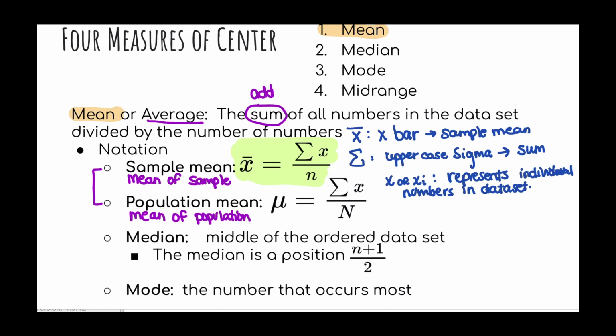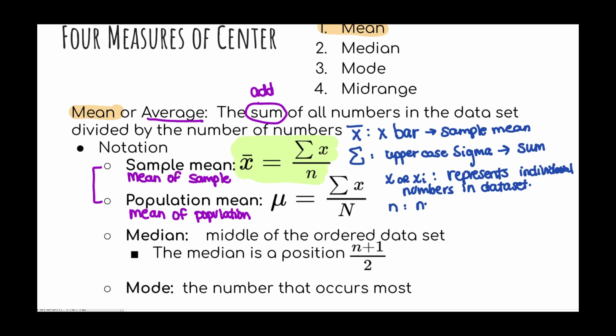And then you'll notice there's a lowercase n at the bottom. That stands for the sample size. So it's the number of data values in your sample. So those are new notations.